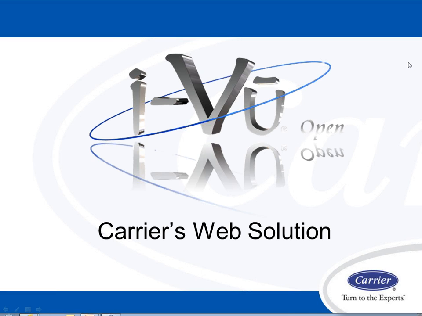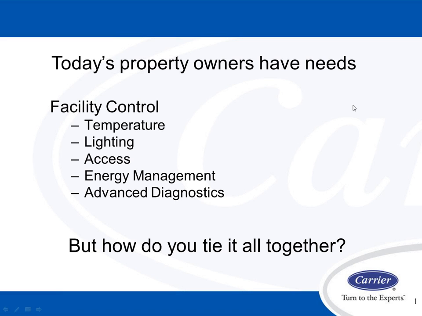Today we're going to be going over the Carrier iView Open web solution box. In today's building and facilities, much of the equipment has digital controls built in. The trouble has always been how to get the information out and assist with things such as maintenance and troubleshooting. The old solution was to provide a computer with proprietary software and place it somewhere in the facility.